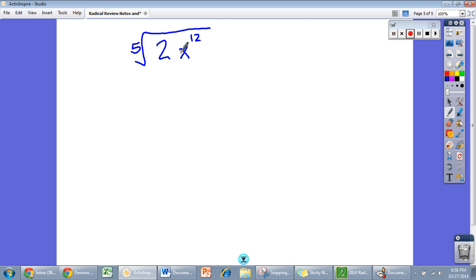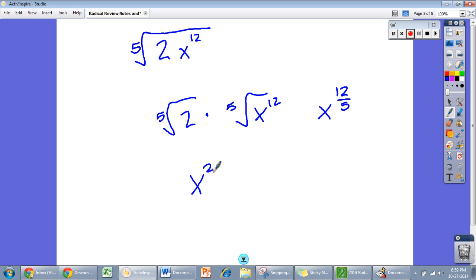But remember when we talked about turning things into fractional exponents, in other words, rational exponents, we talked about how we can write this as the 5th root of 2 times the 5th root of x to the 12th. And x to the 12th can be written as x to the 12 over 5. We can simplify this by saying, how many times does 5 go into 12? Well, it goes in there 2 times. So that would be x squared.